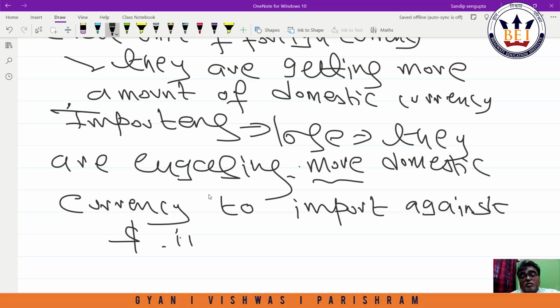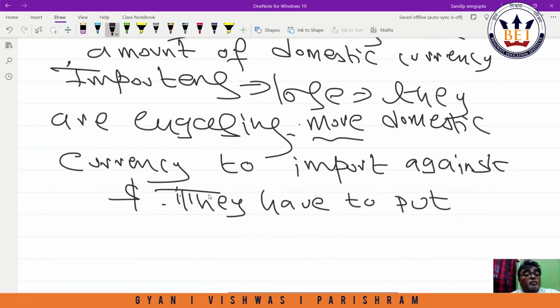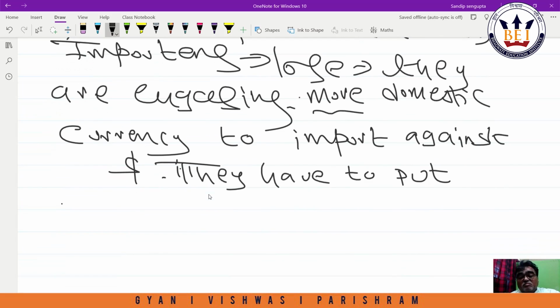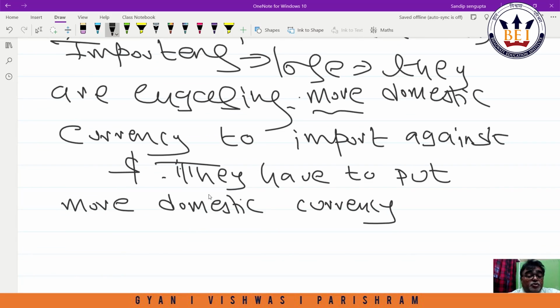Specifically, they have to put more domestic currency for dollar.